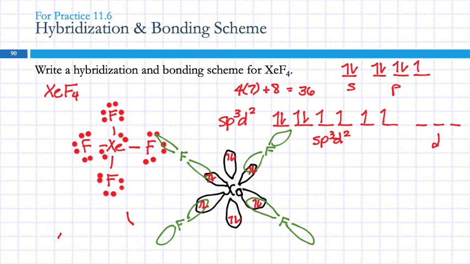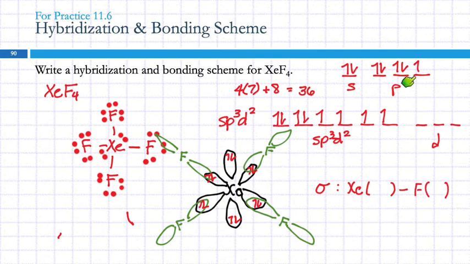So the bonding scheme, I'm going to describe the bonds. And these 4 bonds are all the same kind, right? They're between xenon and fluorine. They're all sigma bonds. So I can describe that as a sigma bond between xenon and fluorine.